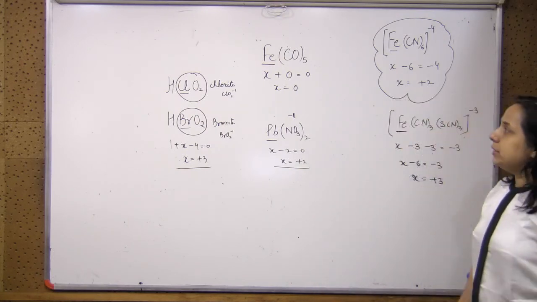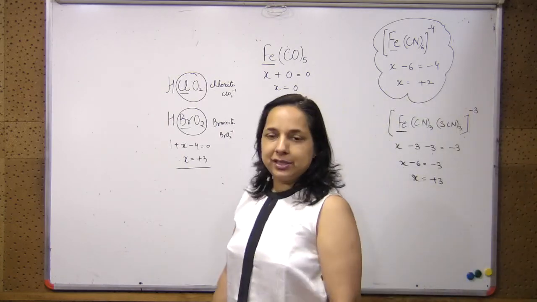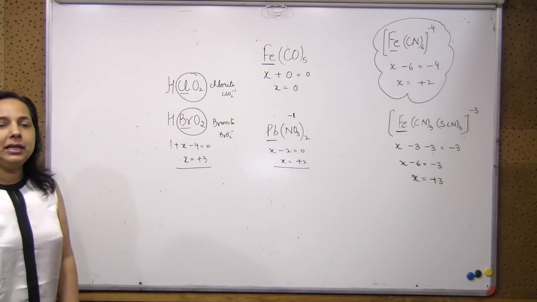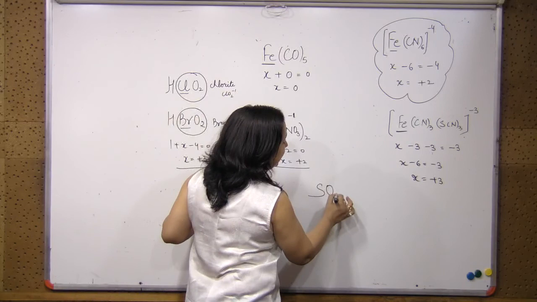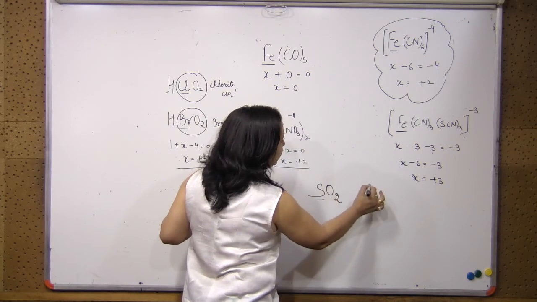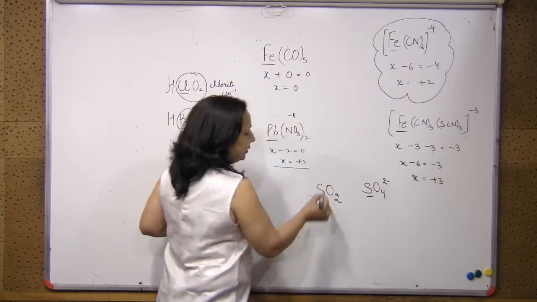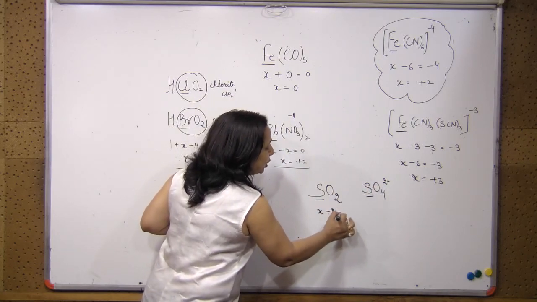Few radicals we must know: sulfate 2 negative, nitrate 1 negative, carbonate 2 negative, etc. And with the help of those, we can calculate oxidation numbers. Whenever a neutral species is there, like sulfur dioxide, and sulfur is to be calculated, and sulfate, sulfur is to be calculated. For neutral, you write it as x minus 4 is equal to 0.